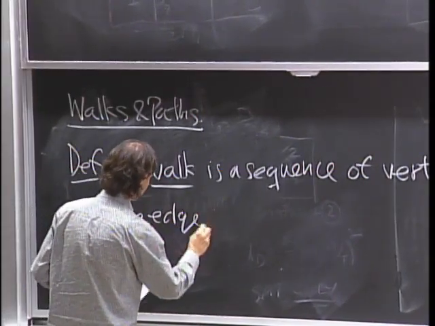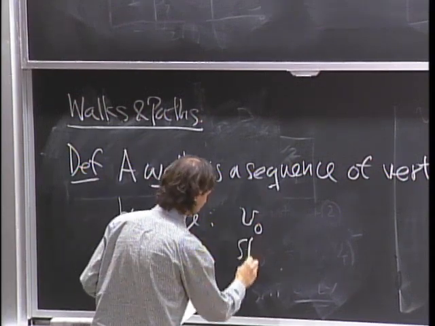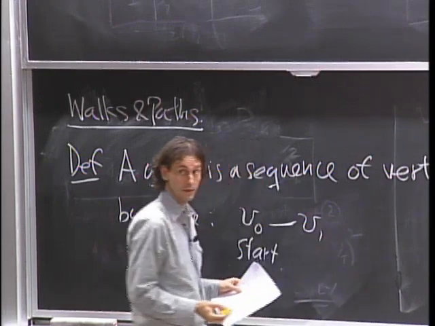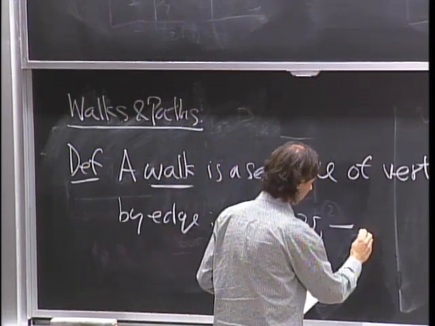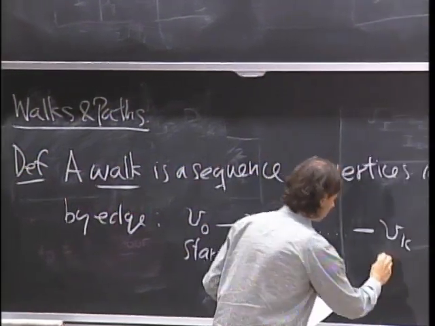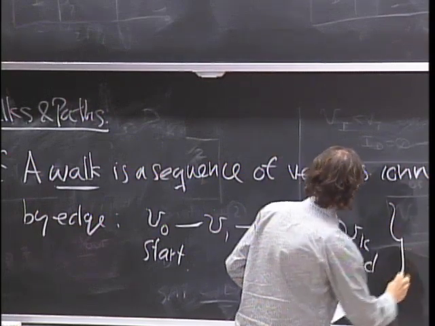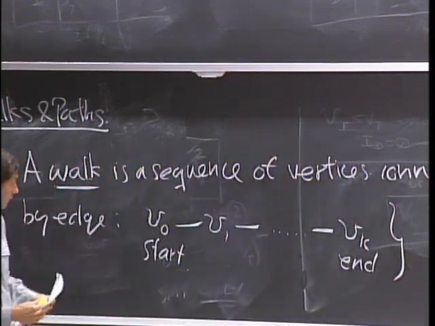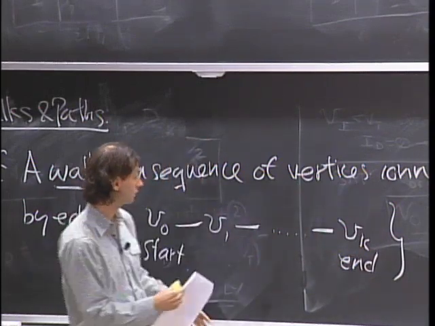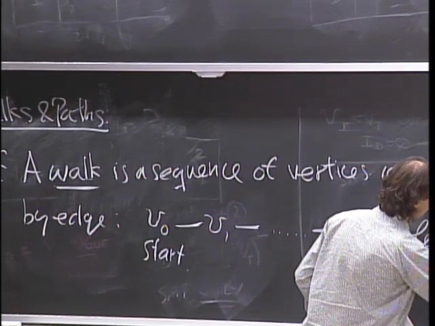So, for example, we may have something that looks like a first vertex that we call the start, and an edge that goes to a second vertex. We continue like this till we end, say, at vk, which we call the end of the walk. And if we look at this, we say this is a walk from v0 all the way to vk. It has exactly k edges, and we say that the length is actually equal to k.